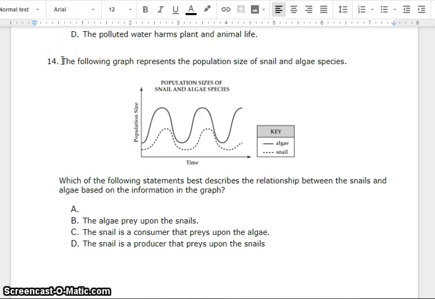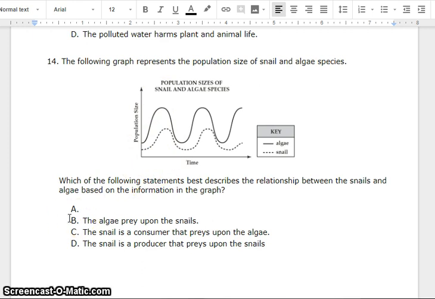Number 14. The following graph represents the population size of snail and algae species. We have the population size over time. We have the algae, and the snail is the dotted line. Which of the following statements best describes the relationship between the snails and the algae based on the information in the graph?